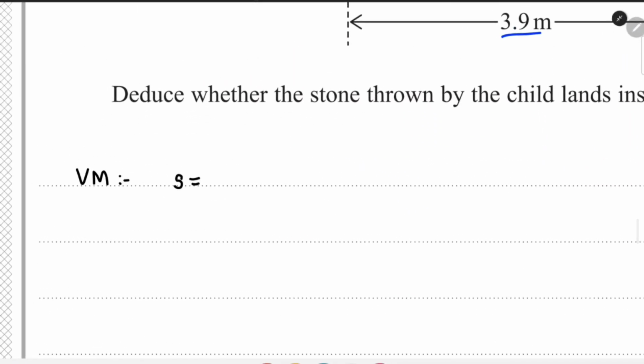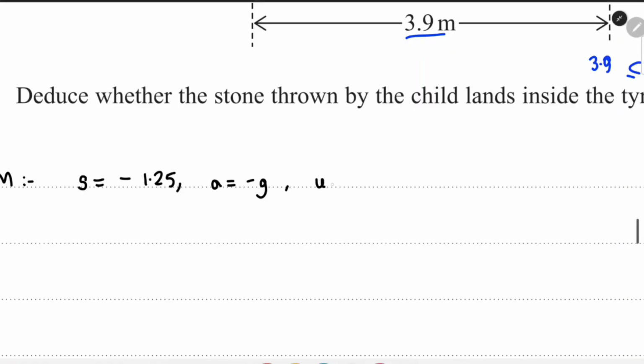So the displacement over here is minus 1.25, acceleration is minus g, u is the initial vertical velocity, which is 6.3 sine 55 degrees.